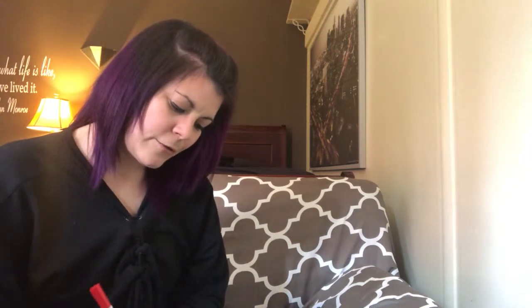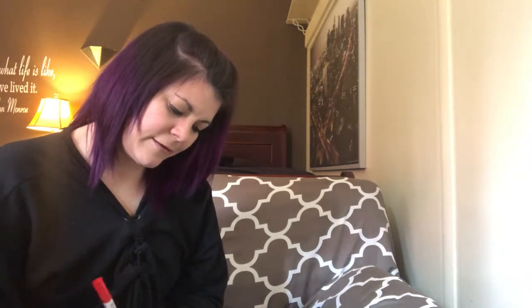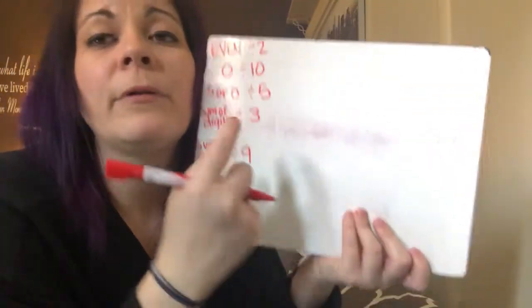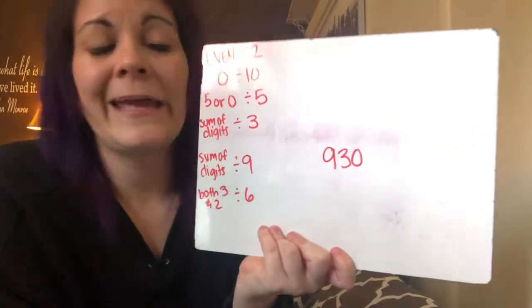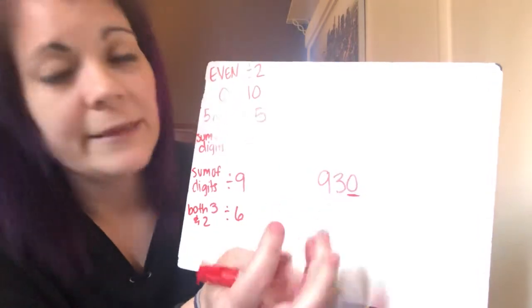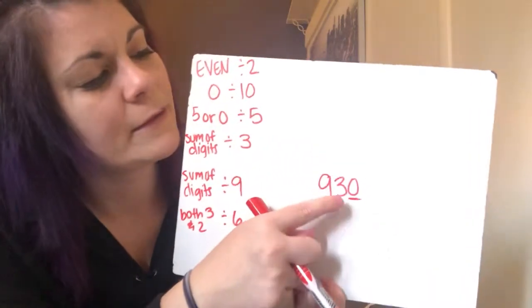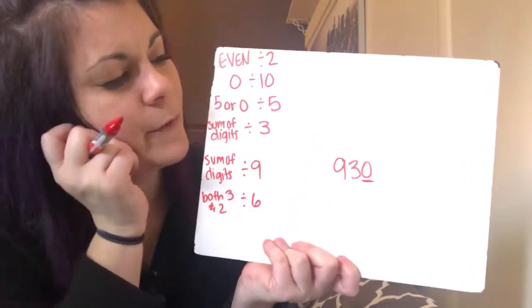And divisibility by 6. If it's divisible by both 3 and 2, then it's divisible by 6. So you can apply the rules for both 3 and 2. For 2, if the number ends in an even number, it's divisible by 2. This one does. 0 is even, so we know it's divisible by 2.